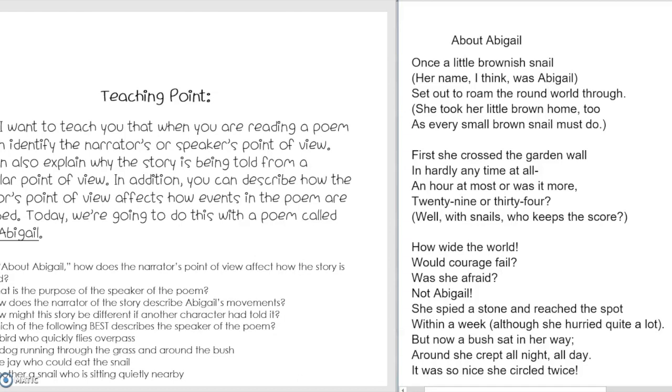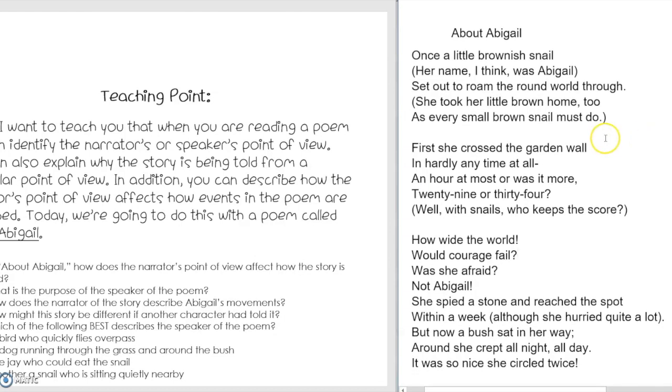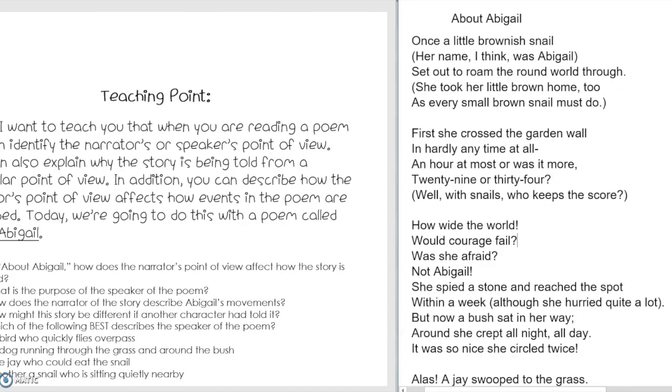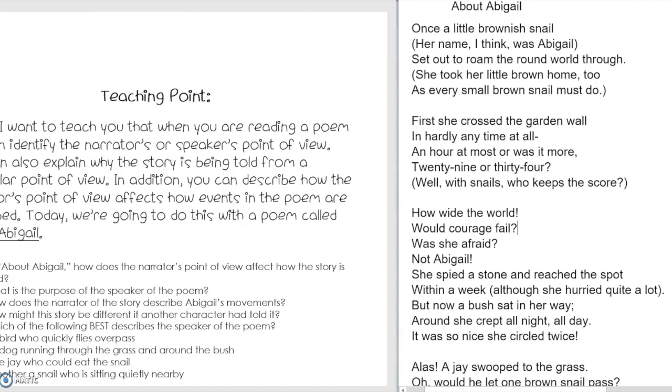It's maybe even someone who understands about snails. She took her little brown home too, as every small brown snail must do. So I'm thinking that maybe it could be another snail who's been watching, because this narrator clearly understands the life of Abigail as a snail.